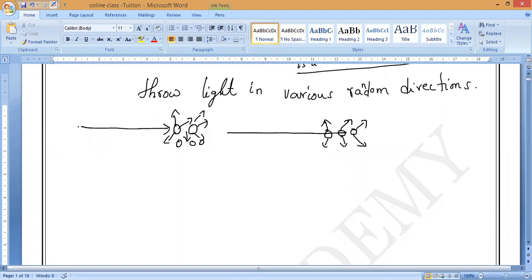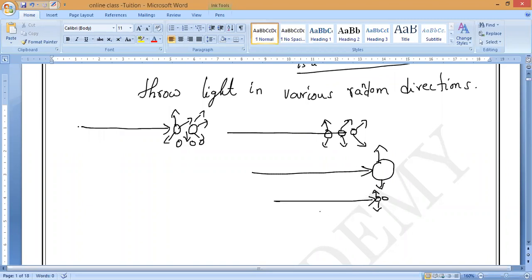This scattering also depends upon the particles. Suppose when the light is traveling in this path, sometimes bigger particles are present, and sometimes smaller particles are present. So based upon the size of the particles, the scattering of light varies. Do you understand, guys?